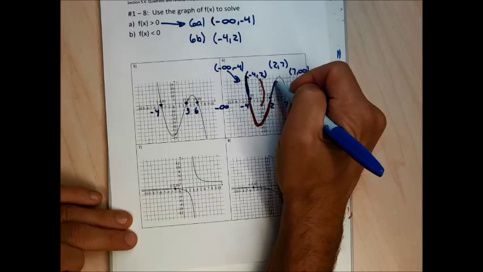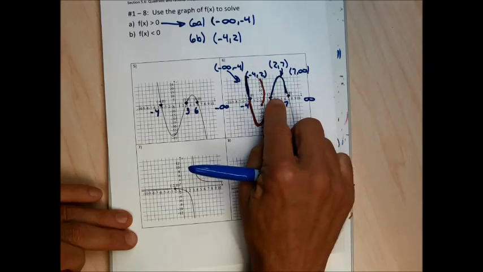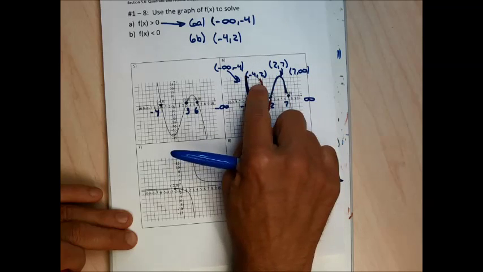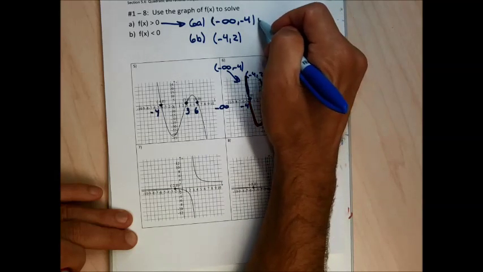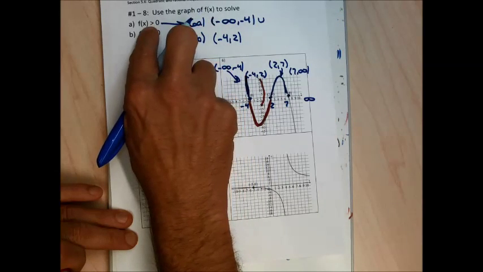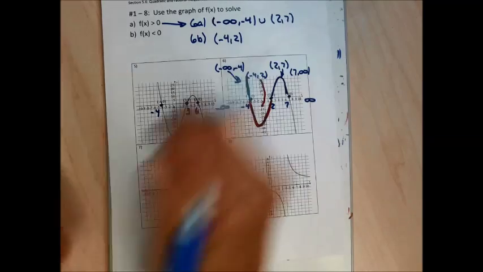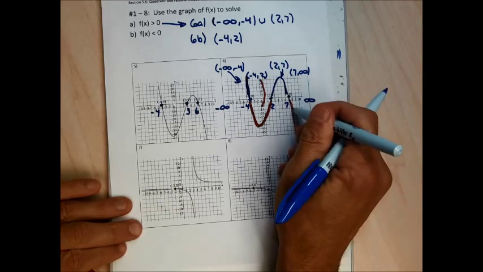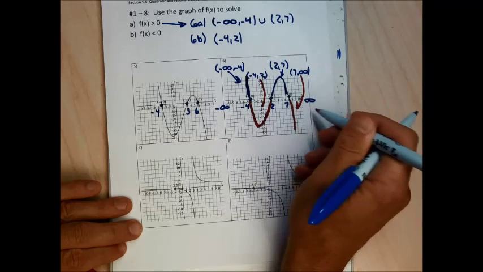The third interval from 2 to 7 corresponds to that portion of the graph. In that portion of the graph, the y's of each of these points is positive. The graph is above the x-axis, so that's going to go into part A, where the f of x's or the y's are bigger than 0. And then the last part is beneath the x-axis, so the y's correspond to negative numbers, which are less than 0.